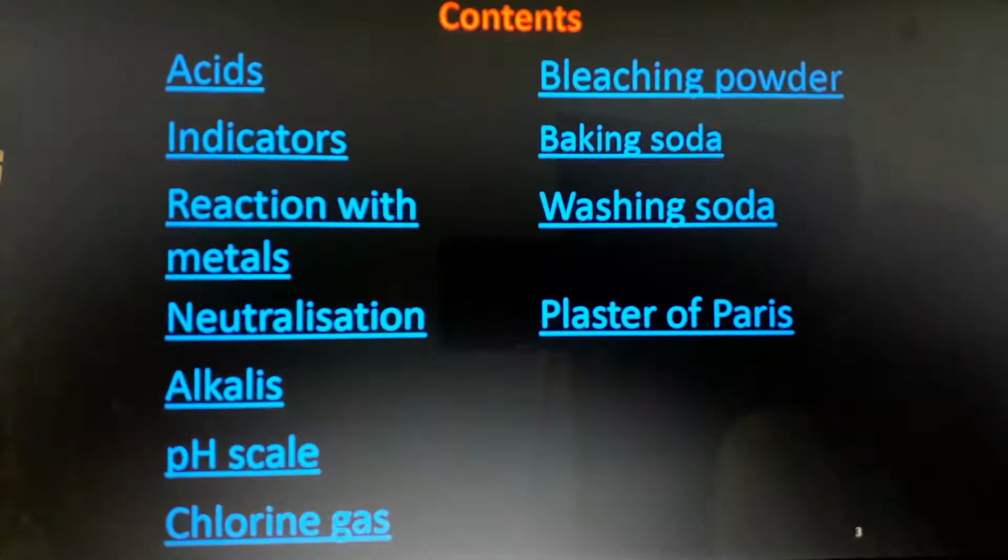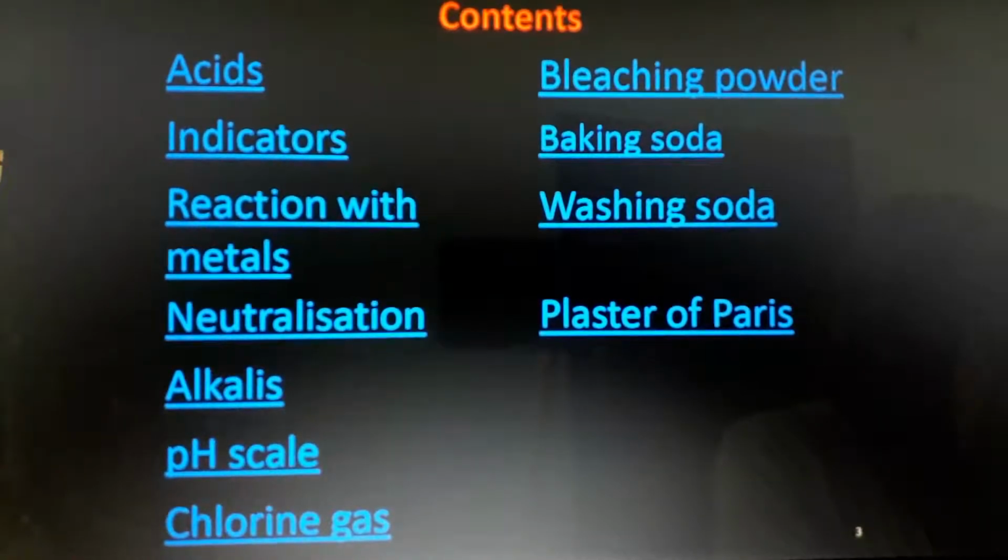Water soluble bases are called alkalis. The pH scale is another important thing, and a question on the pH value comes in most examinations. The pH scale is a scale to measure the acidity or basicity of a solution.